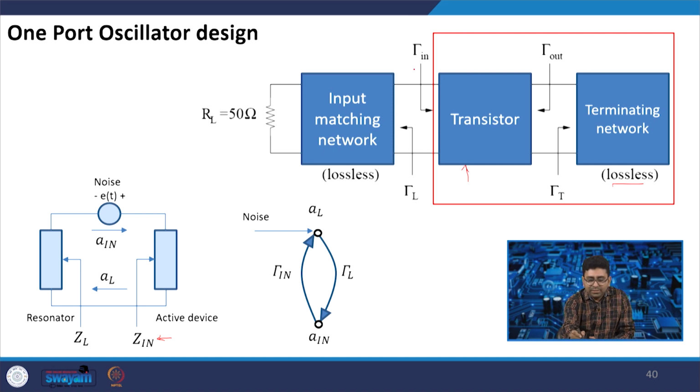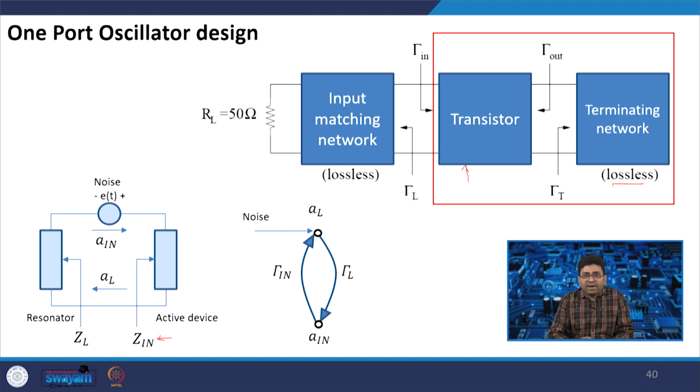For this gamma in, we need to ensure that it is providing the negative resistance, and if we design the input matching network, a combination of input reflection coefficient and gamma L, such that we will get the oscillation.